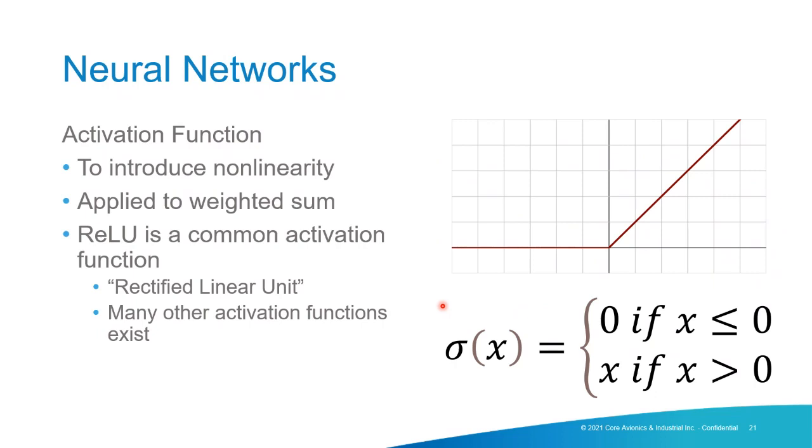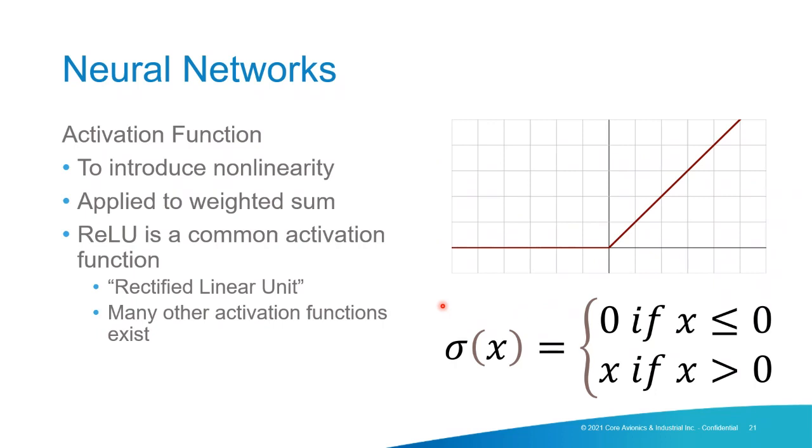A common activation function is the rectified linear unit, or ReLU. You might have heard this before, and it's a very simple function. If you ever wanted to know what it actually was, it's represented as a piecewise function where we're taking some input, and if that input is less than or equal to 0, we just output 0, and if the input is greater than 0, then we just output the input unchanged.